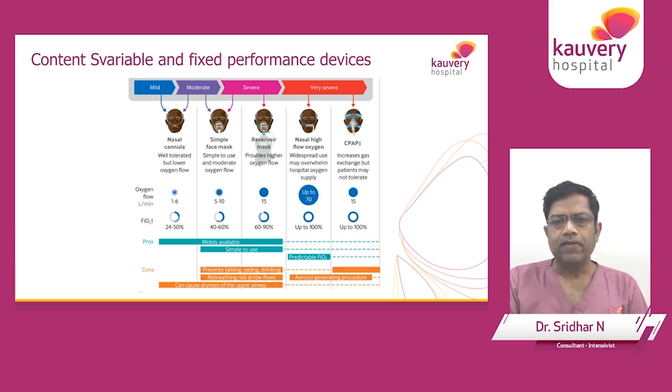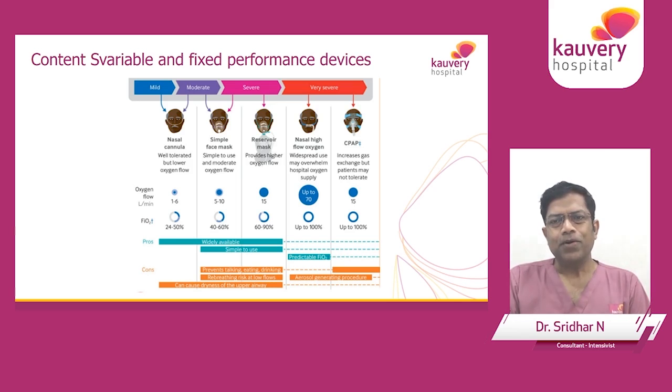Now, previously, when oxygen supply was not an issue, my favorite device used to be the high flow nasal oxygen. But if you look at this graph, a non-rebreathing mask gives about 70 to 90% oxygen while consuming 15 liters of oxygen. Whereas the high flow nasal cannula, which can meet the most demanding patient's peak inspiratory flow, uses up to 70 liters per minute of oxygen.